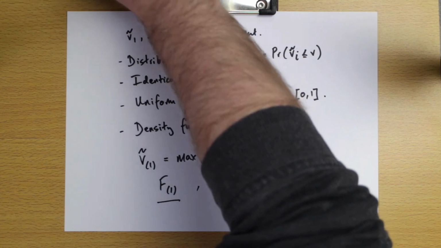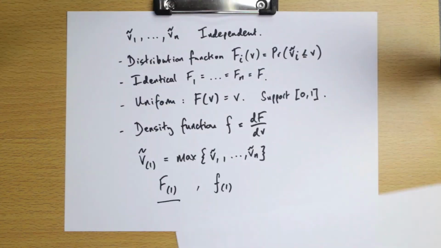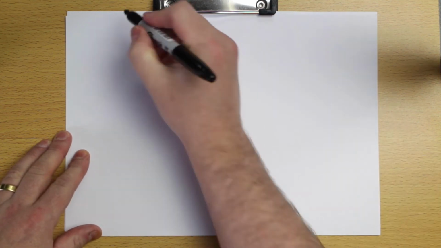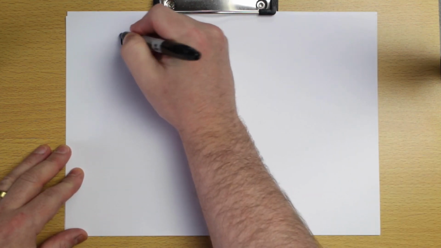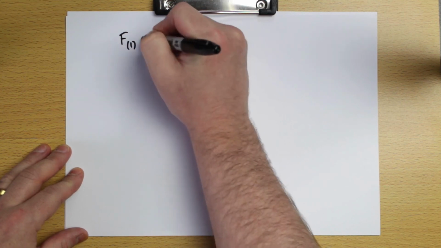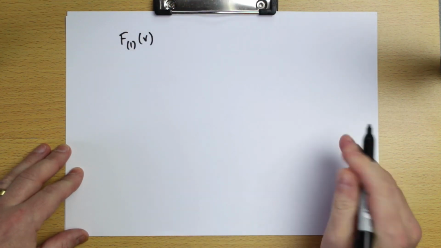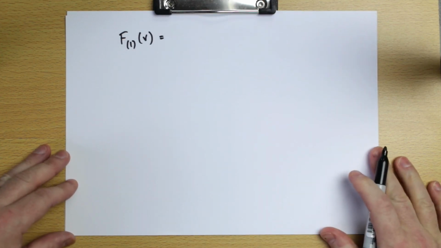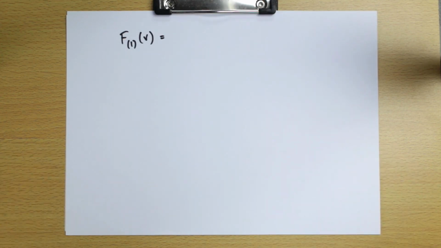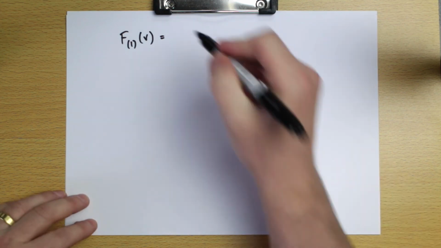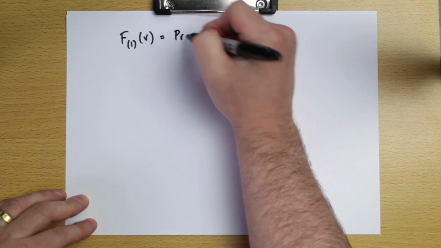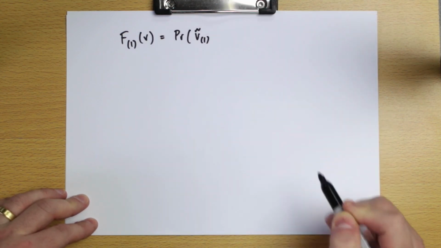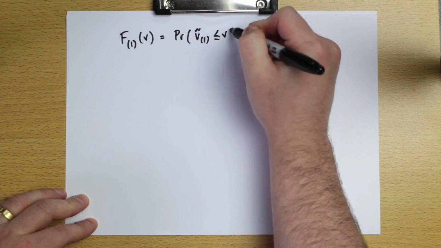The distribution function of the first order statistic. What does it mean? The distribution of the first order statistic calculated at a value v tells me the probability that our first order statistic is less than or equal to v.